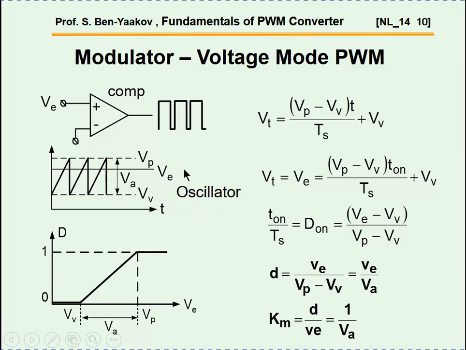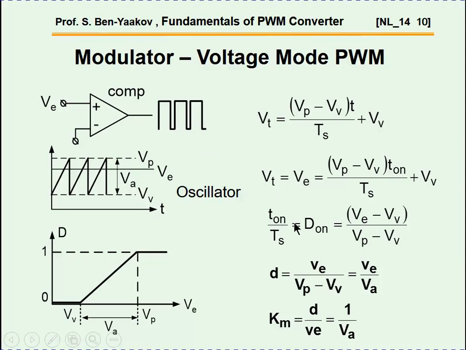So we compare this error signal to this wave, and at the cross here the output of the comparator is changed, and as a result we are getting this duty cycle response. That is, the higher or the lower VE is, the T-on time will change linearly. So this is a PWM modulator.